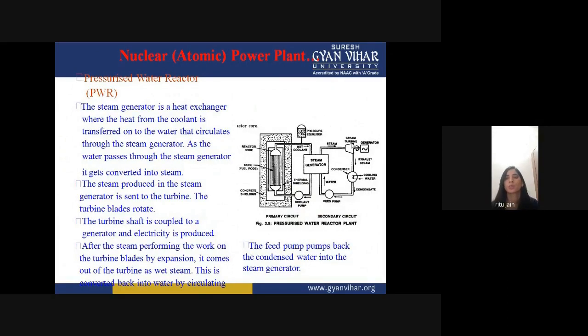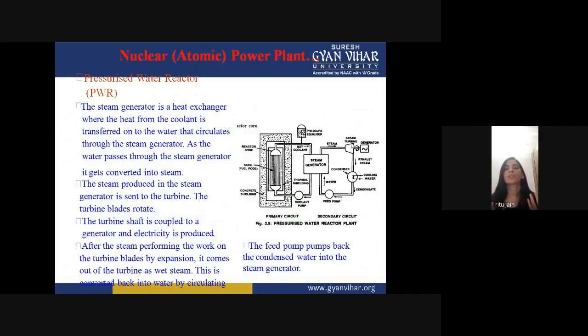The steam generator is a heat exchanger where the heat from the coolant is transferred to the water that circulates through the steam generator. As the water passes through the steam generator, it gets converted into steam. The steam produced in the steam generator is sent to the turbine, and the turbine blades start to rotate. The turbine shaft is coupled to the generator, and the mechanical energy is converted into electrical energy.